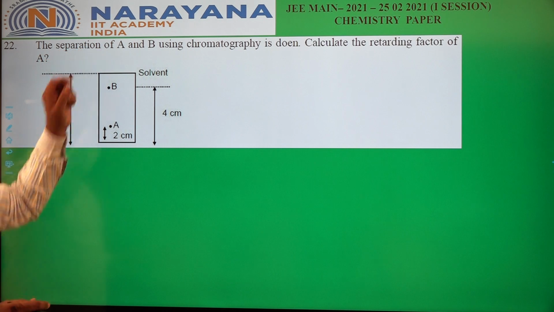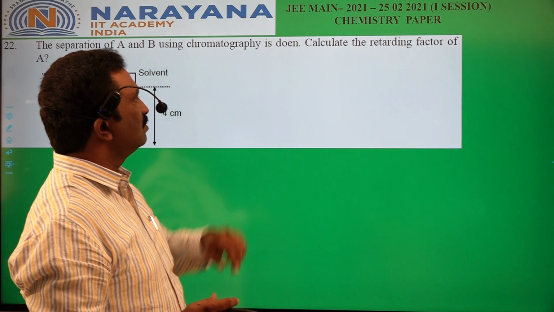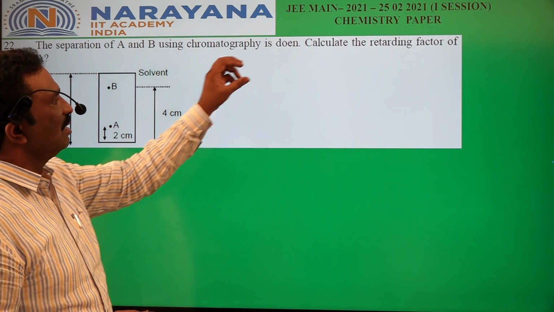The separation of A and B using chromatography is given here.